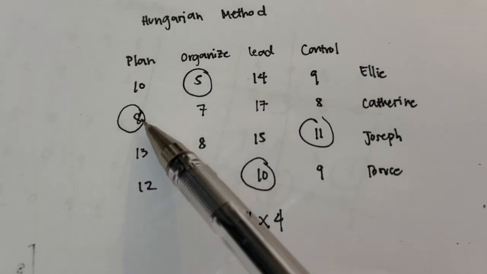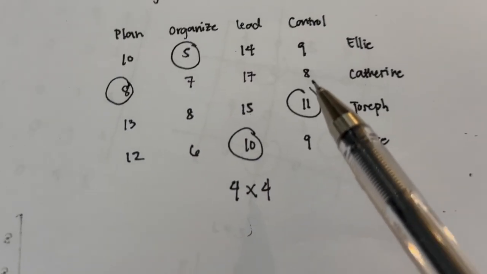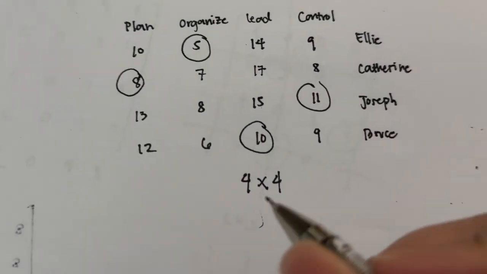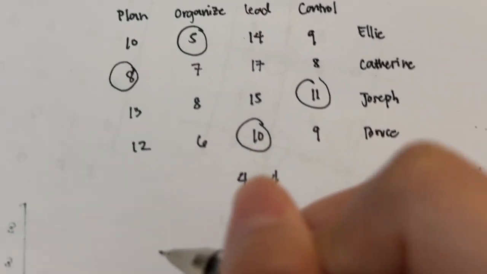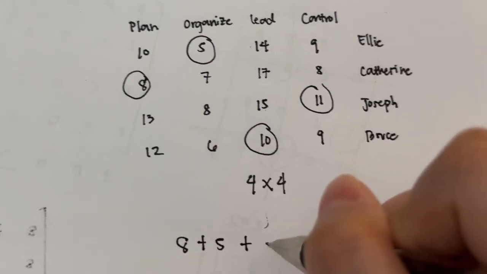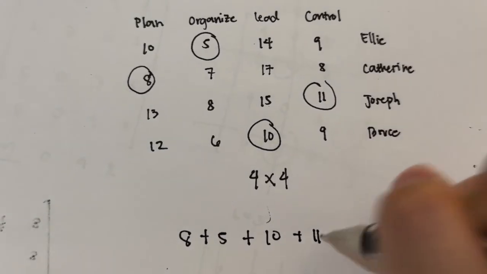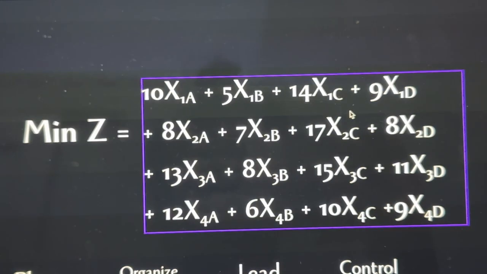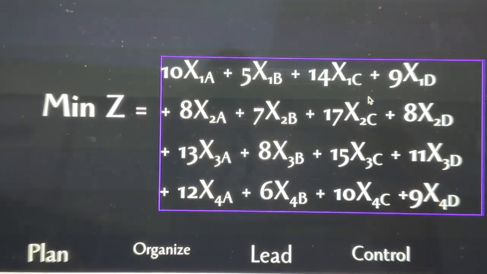So now, if we do the objective function, we're going to see that only these values, so the objective function will ultimately just look like 8 plus 5 plus 10 plus 11. And it can be better explained if we see it. So this is the reason why this is our objective function.